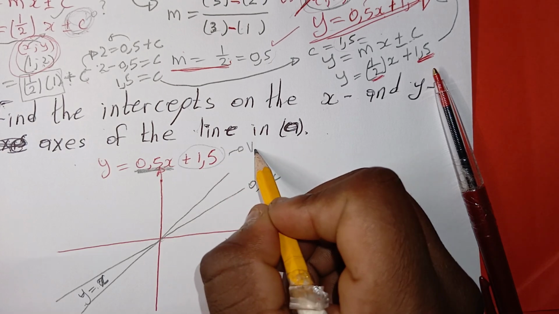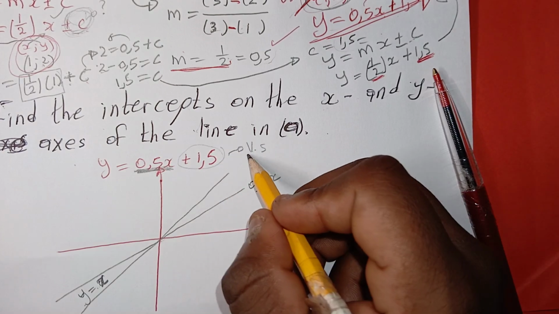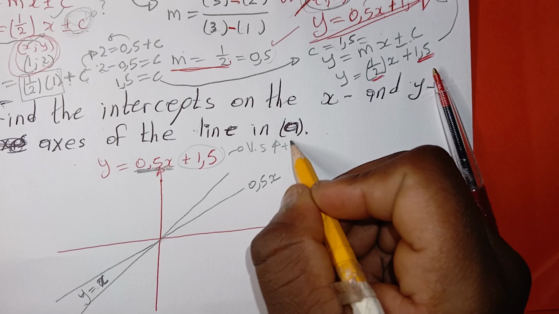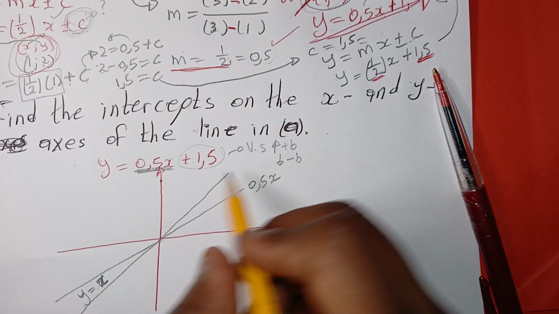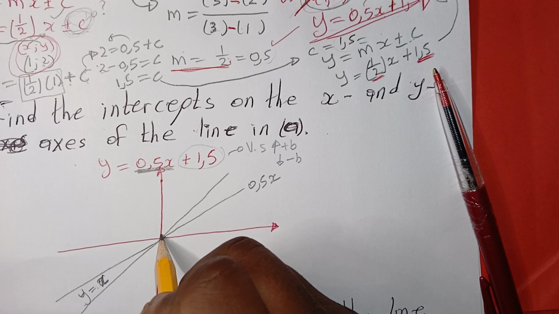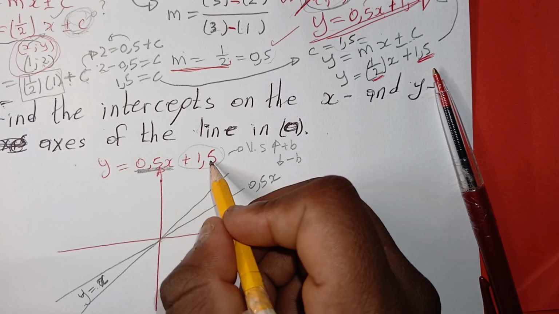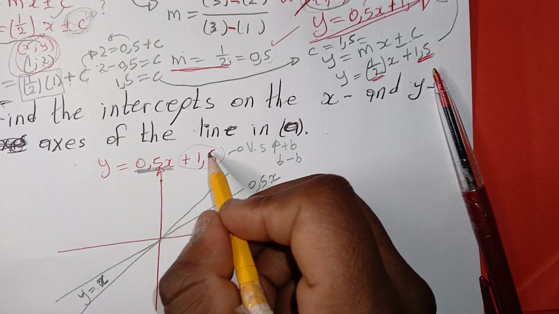Remember, this is the vertical shift. If it is positive, it shifts up, but if it is negative, it shifts down. This one is positive, so it will shift up. Do you understand? By how many units? By 1.5.